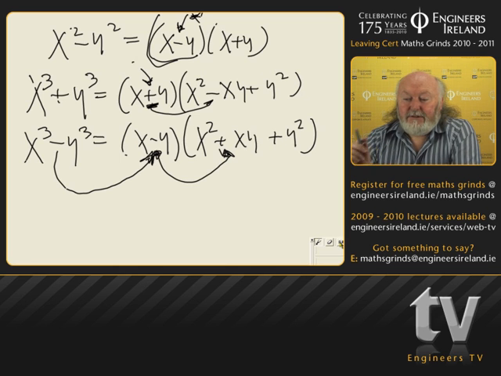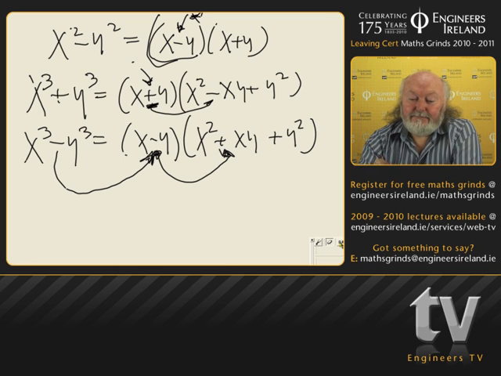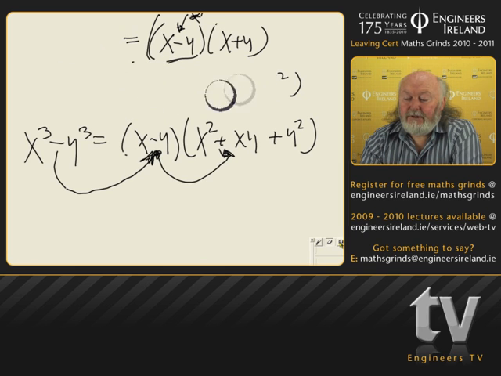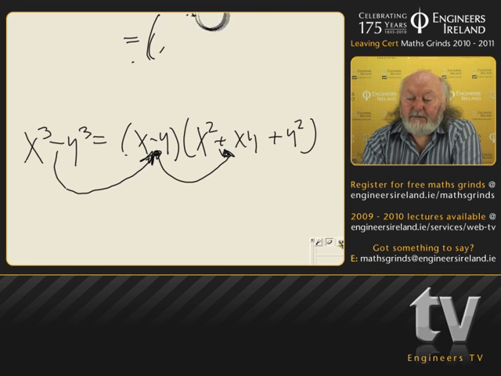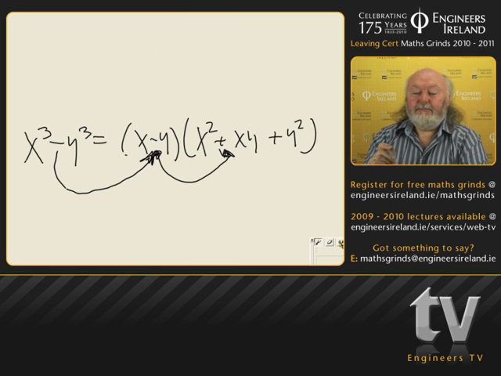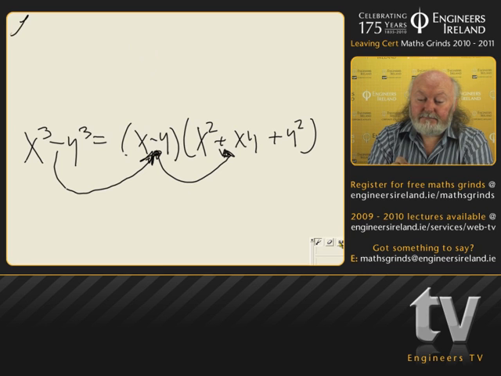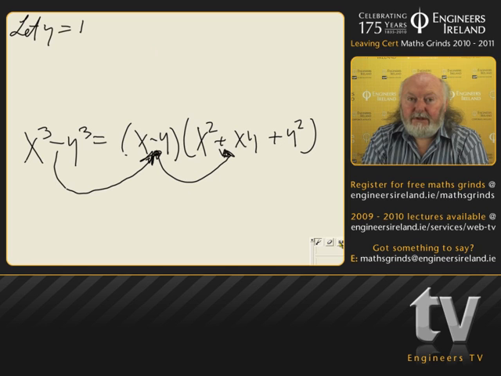Now, there's a few nice little things that can come from this. It's partially a curiosity point for you, but it actually comes up in complex numbers. Let y equal 1. Okay? What are we looking at there?